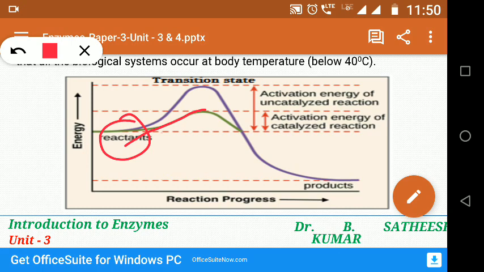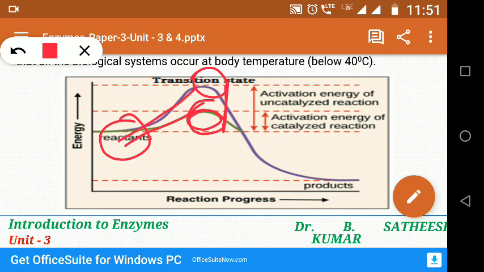So at normal conditions, at normal physiological temperature and pressure, it easily takes place. Here, this is non-catalyzed, and this is catalyzed. The difference between these two energies is known as the reduction in the activation energy.